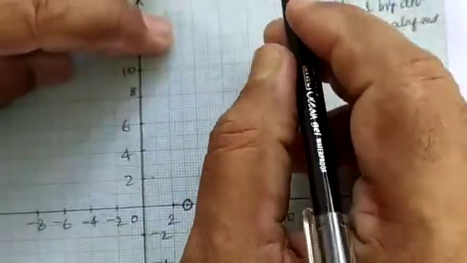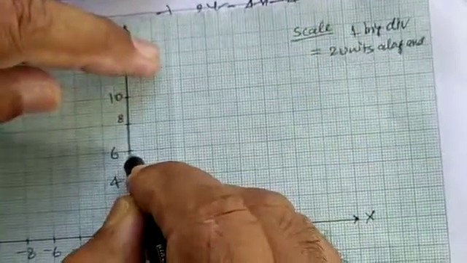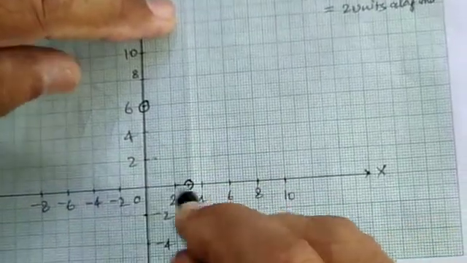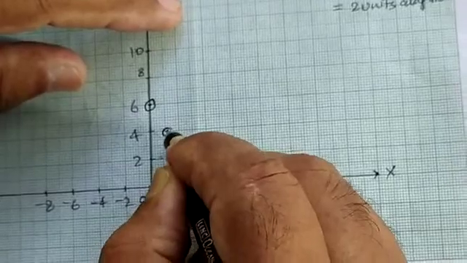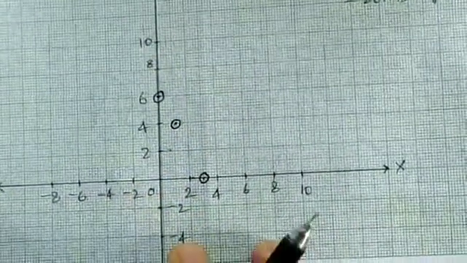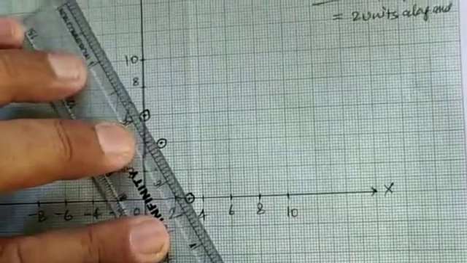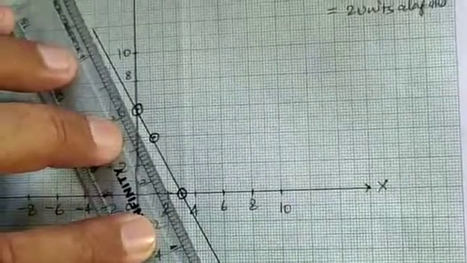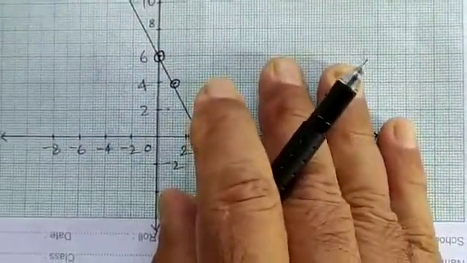But when x is 0, then y is 6. So (0, 6). X is 1, then it is coming 4. So this is (1, 4). Now we can join them. This is the graph line of the first equation.